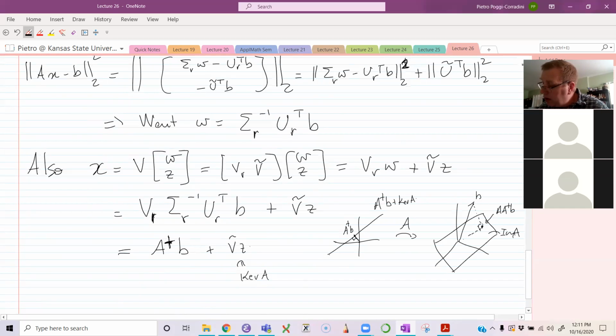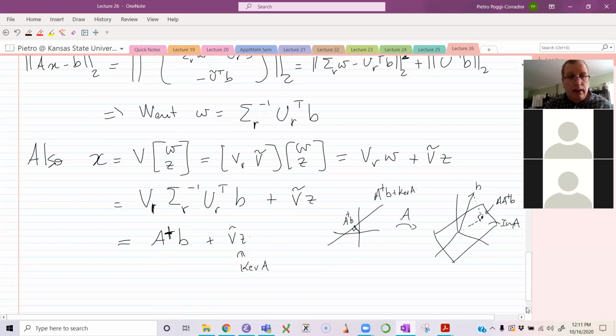So there's a whole class here of least squares solutions, but the pseudo inverse picks out the one that has least norm.